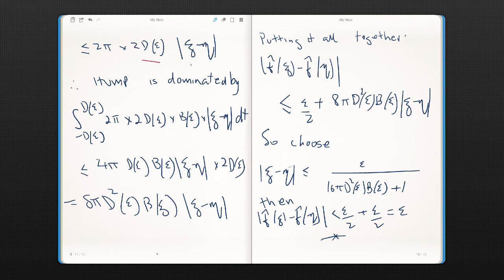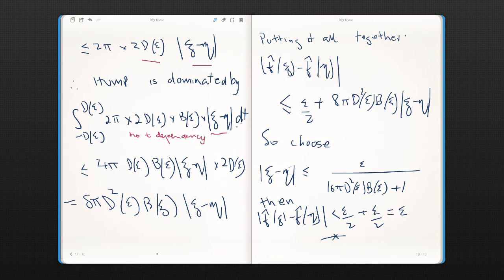This is just a number that doesn't depend on t. So the hump is dominated by 2 pi times 2d epsilon times b of epsilon times this quantity here, dt. So you've just got a bunch of numbers here. They're not dependent on t. There's no t dependency, so we can bring it all out the front.